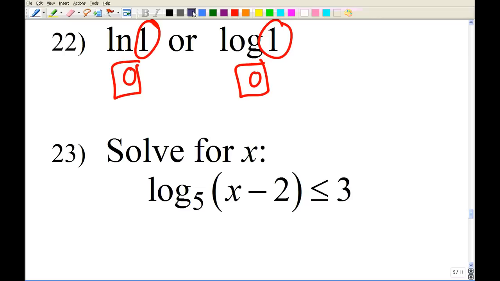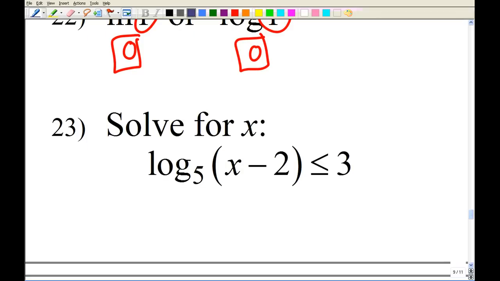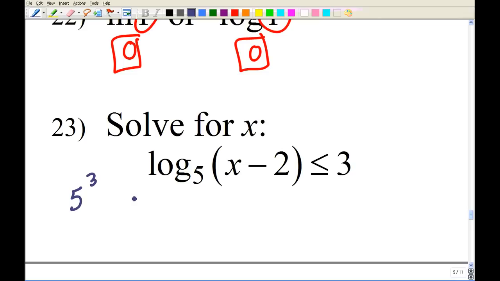Number 23, solve for x. Log base 5 of x minus 2 is less than or equal to 3. I'm going to start out by rewriting this as an exponent. So my base is 5. So if I have 5 cubed, it will be on this side and the x minus 2 will be on the other.